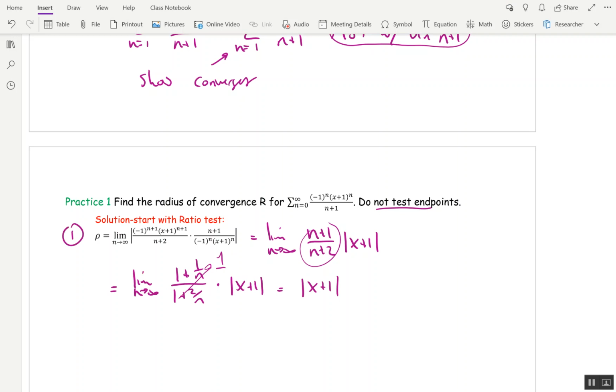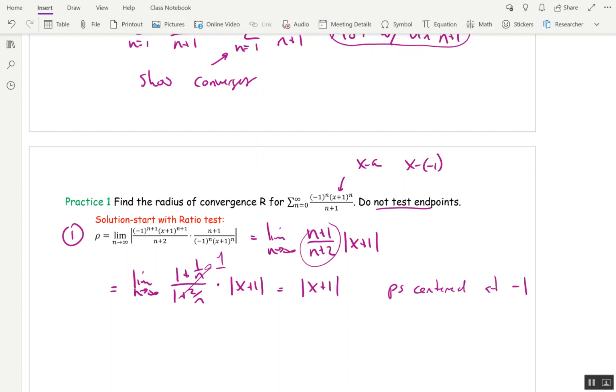We're in the middle path. Rho is not 0, it's not infinity. It's some number times the absolute value of x, or in this case, this power series is centered at -1, because this has to look like x minus a, and so that would be x minus -1.